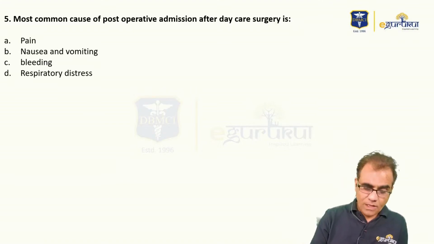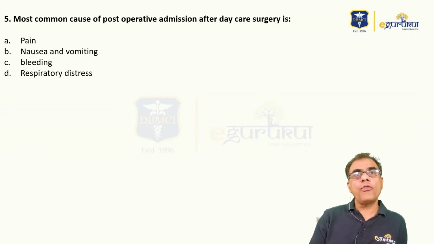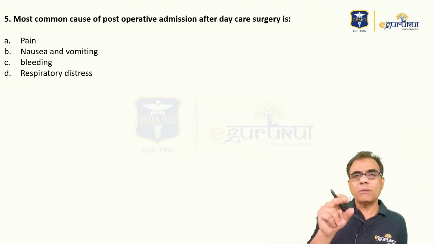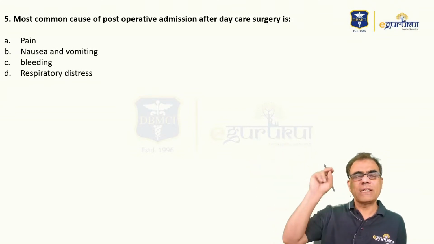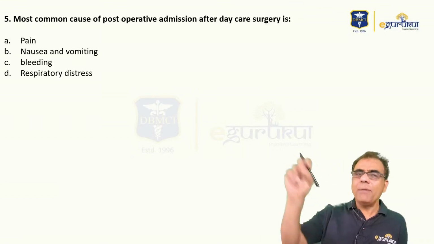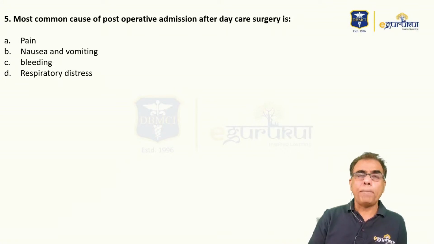Fine. Now, the most common cause of admission. Admission means from the daycare unit the patient goes to the inpatient side, meaning the patient remains in the hospital, or the daycare surgery becomes an indoor surgery. The most common cause of admission to indoor and readmission after surgery are surgical causes, particularly bleeding.